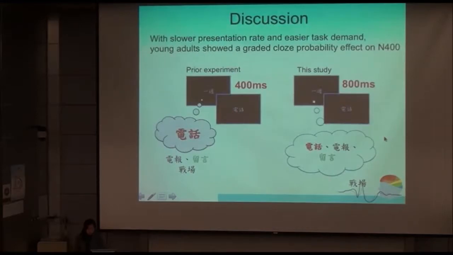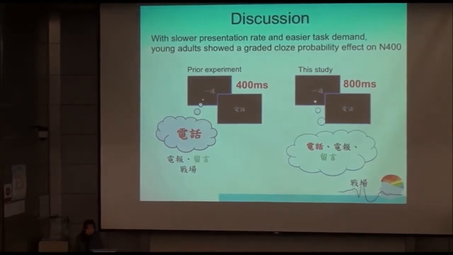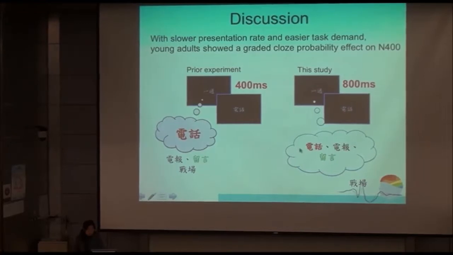So we think the different findings from the younger adults are due to this time we have a slower presentation rate and much easier task demand. So the young adults have enough time to think about all the possibilities, so they can show the gradient effect this time, right?